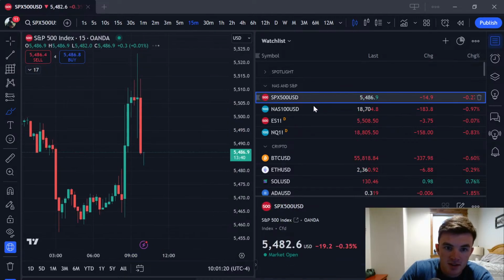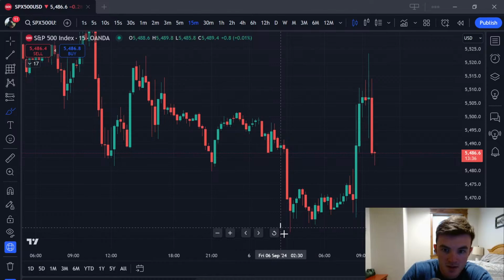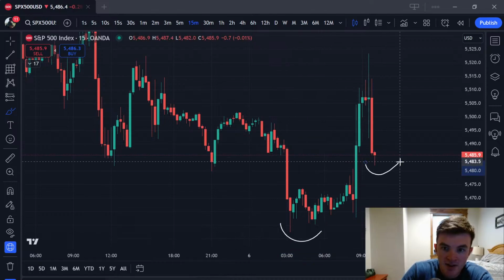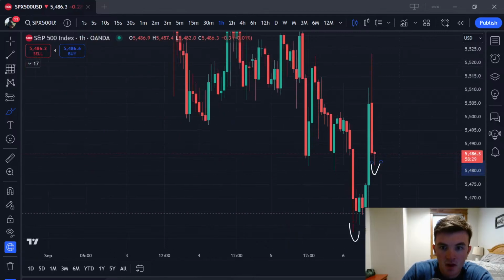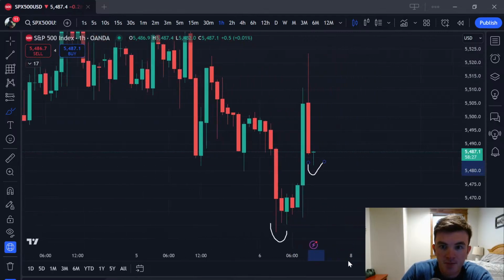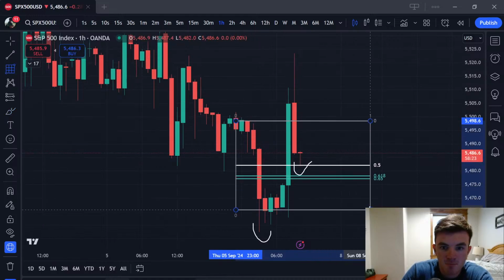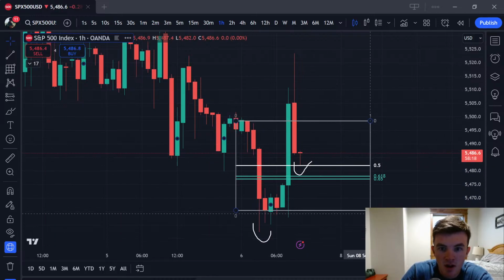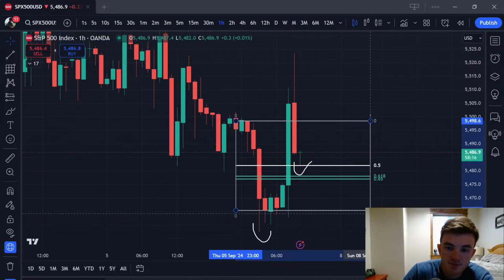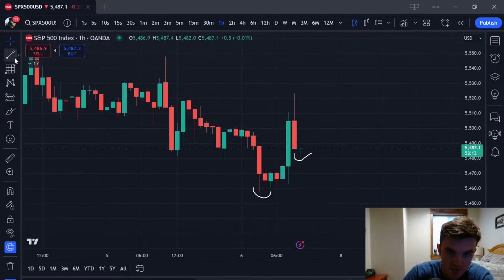On the S&P, what do you have? A low, and then a higher low, right? So what I'm thinking could happen, you just hit the mean threshold on the S&P, is possibly this giant bullish SMT at the bottom of the daily fair value gap.